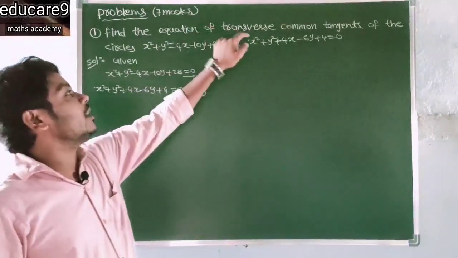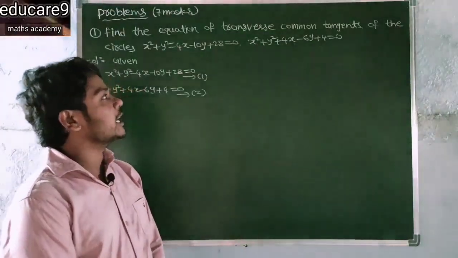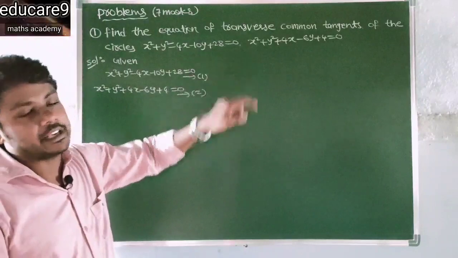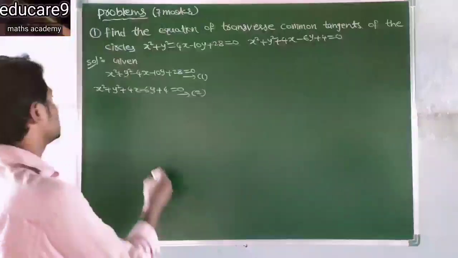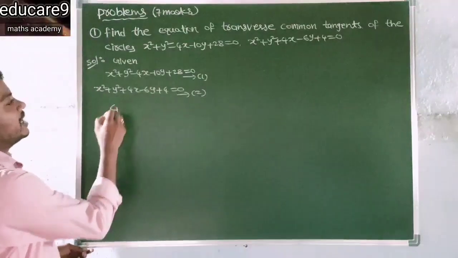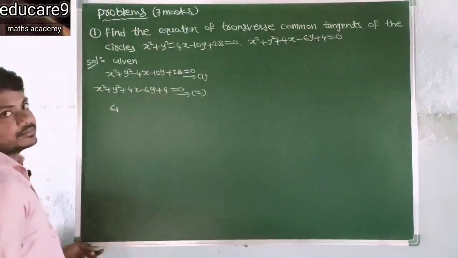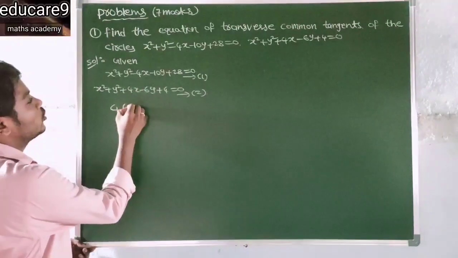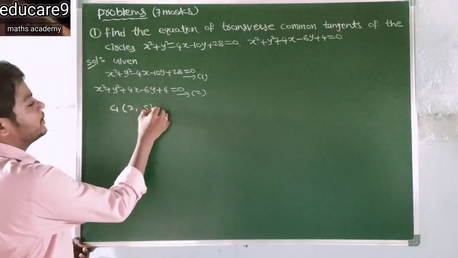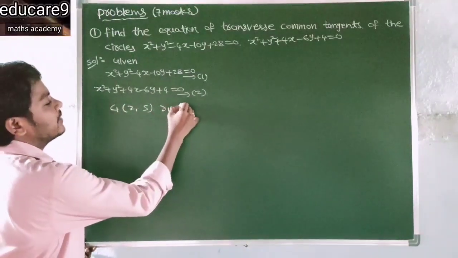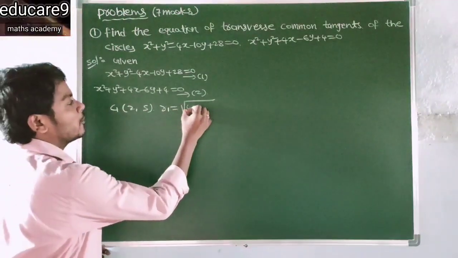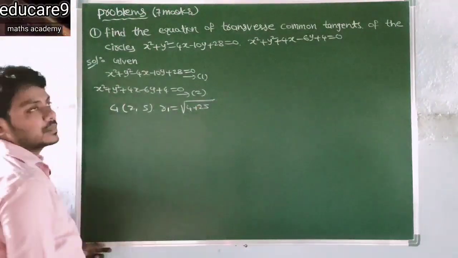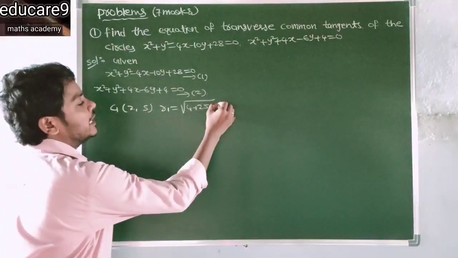Find the equation of transverse common tangents of the circles. So first find the centers of the circles. So see here, C1 is the center of the first circle, that is (2, 5), and find the radius of the circle, that is square root of 4 plus 25 minus 28.